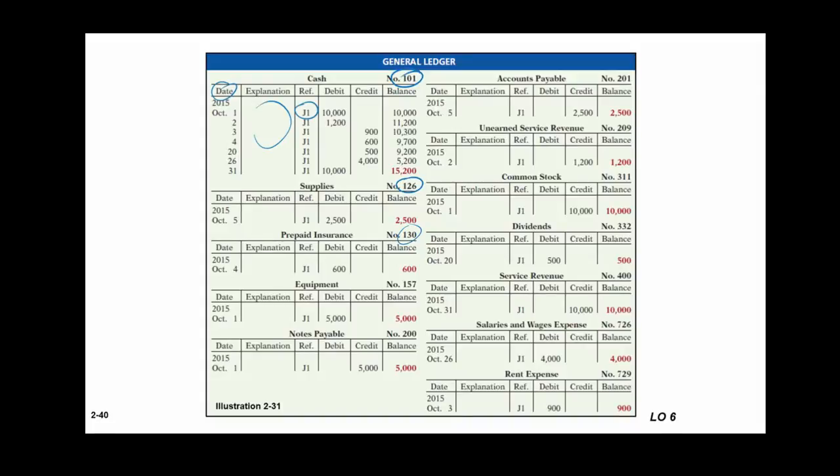Then we have three columns for three amounts: the debit column, the credit column, and the balance, which is calculated after every transaction. So after every entry, you recalculate the balance. So you can say immediately that on, for example, October 20th, the balance was 9,200 in our cash account.